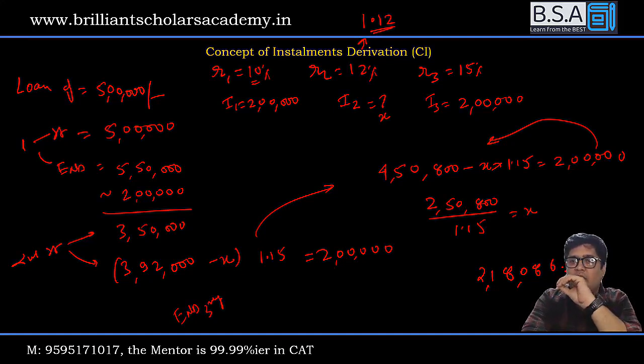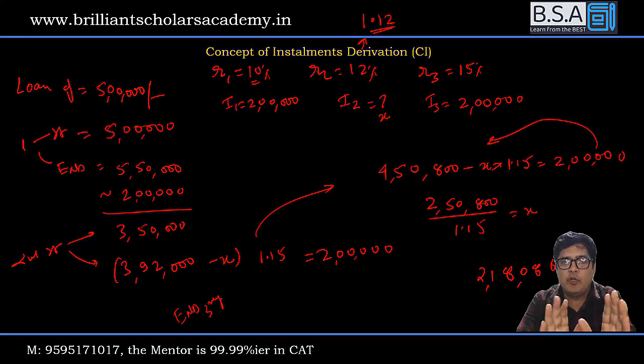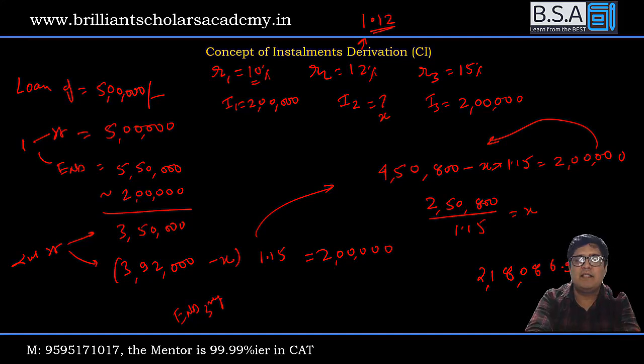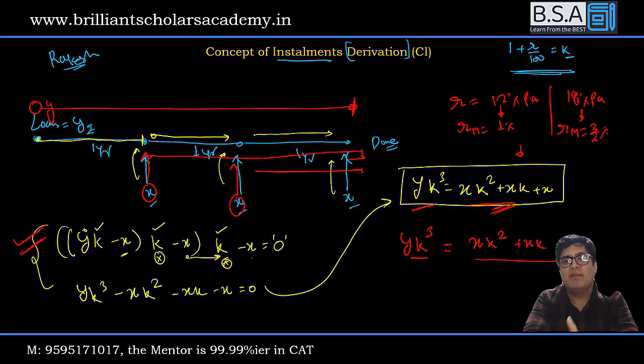If I change the rate of interest and also the installment amount, I'm trying to make one point here. You should use this method only when R is changing. Otherwise, the final formula is the best way. This final formula on the right side is the best way.